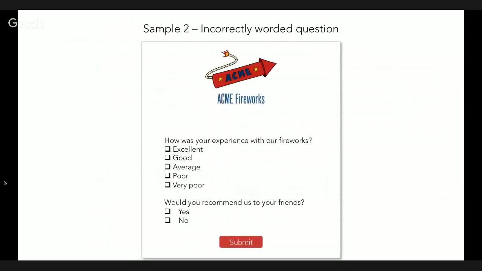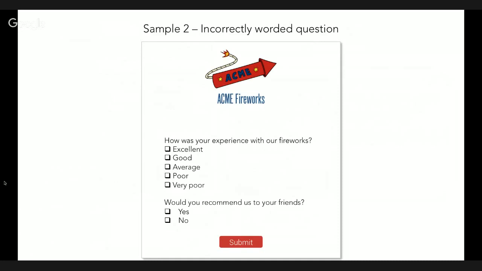So this is another example, folks, of Acme fireworks, and is this the right way to do it? You are asking how was your experience with your fireworks, and then when you ask the recommend question, it is a yes or a no question. That means you are totally ignoring your passives. But believe me, mathematically, passives have an impact on your NPS score.